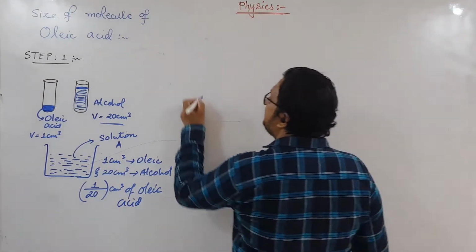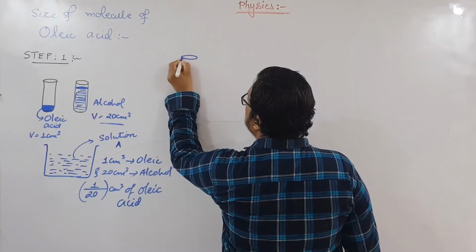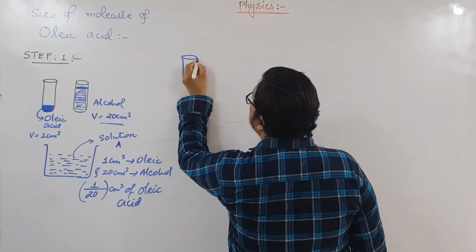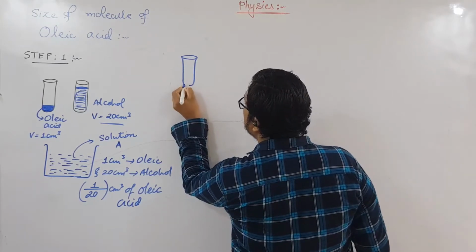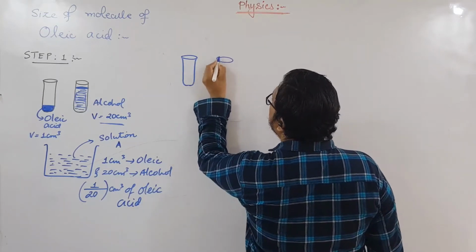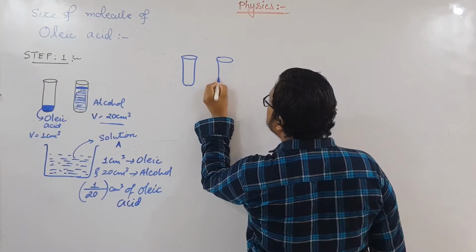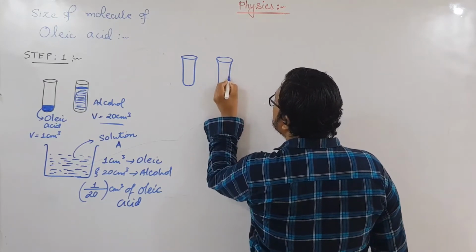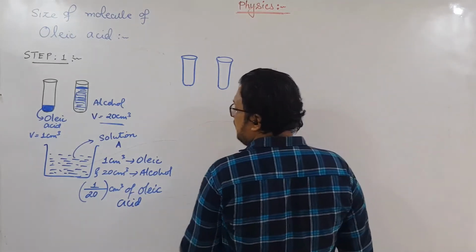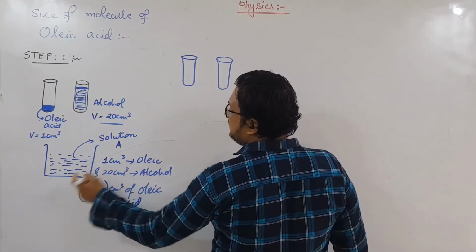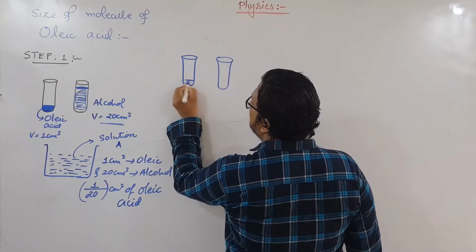Now again we are going to take two test tubes. Now in test tube 1, we are going to take solution from this beaker A, of 1 centimeter cube.